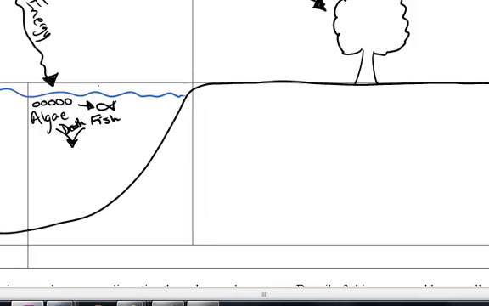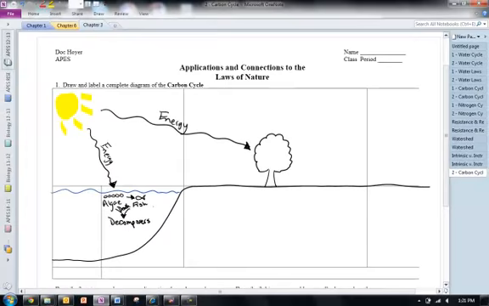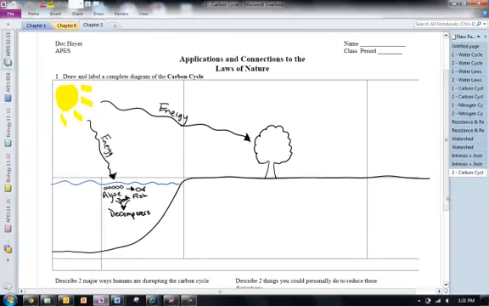And when those things die in the aquatic environment, they will eventually be consumed by the decomposers. And whatever material, carbon specifically, is left over will be dropped down onto the floor. And over thousands of years, under the right conditions, that carbon will eventually be turned into fossil fuels.